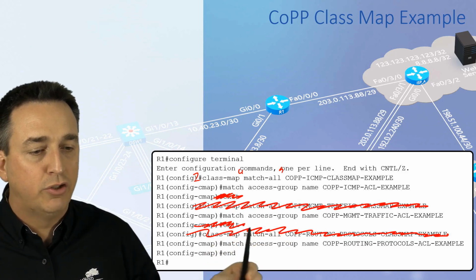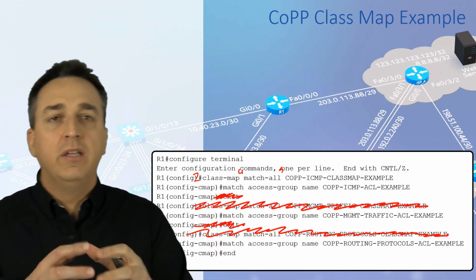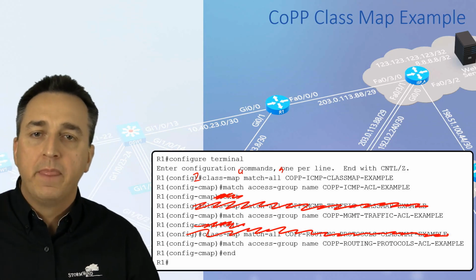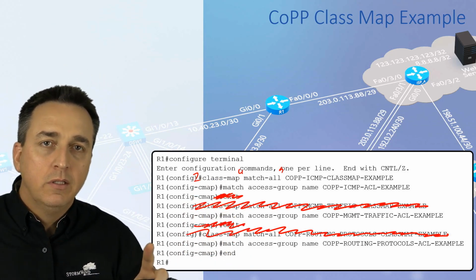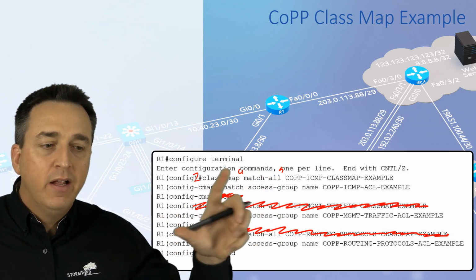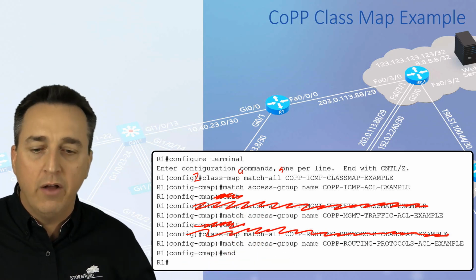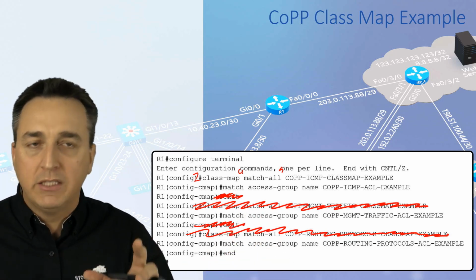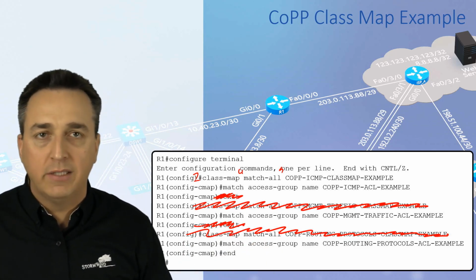Match this access control list, this access control list, and this access control list, all within the same class map. Match all three. Folks, just think about what that says. It means match traffic that is ICMP traffic, management traffic, and routing traffic. Is it possible for one packet to be all three of those at the exact same time?